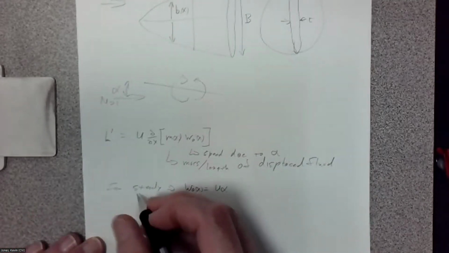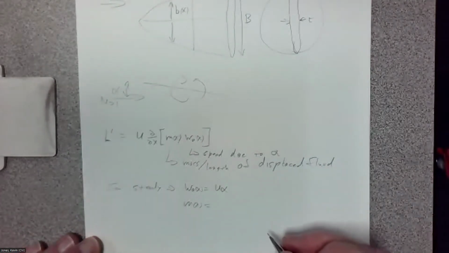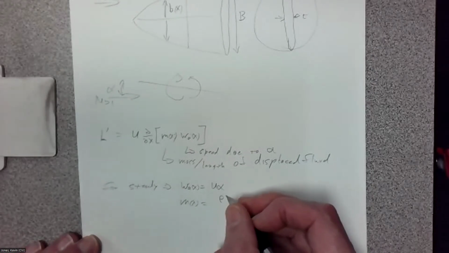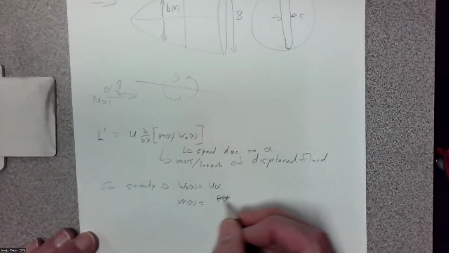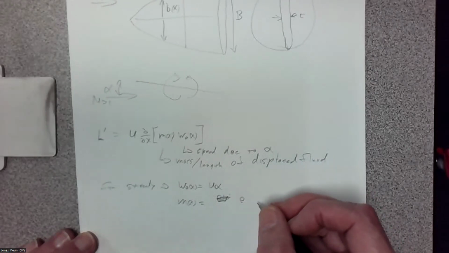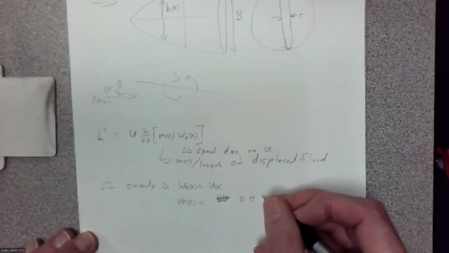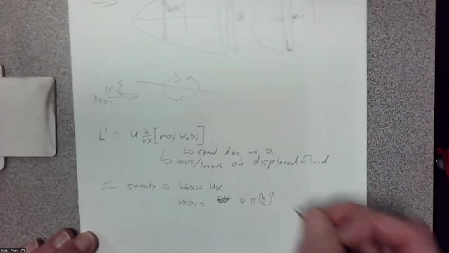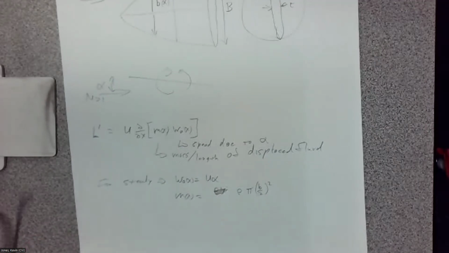And our M of X is just going to be rho times the area of that cross section. So pi b over 2 squared. And so we can go ahead and plug that in.